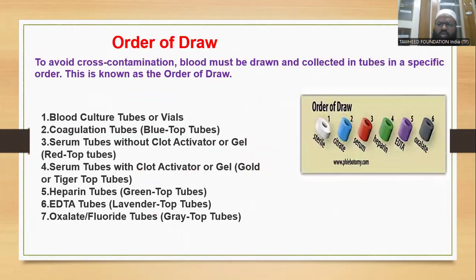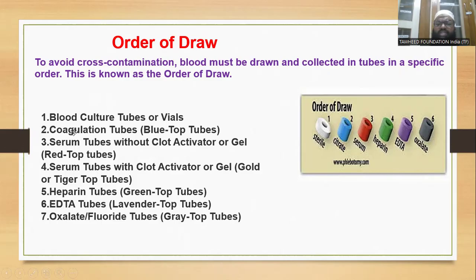So the order of draw, and this is the important thing we should remember in the phlebotomy area. To avoid cross contamination, blood must be drawn and collected in tubes in a specific order. This is known as the order of draw. Here you can see, first, we need to use blood culture tubes or vials.